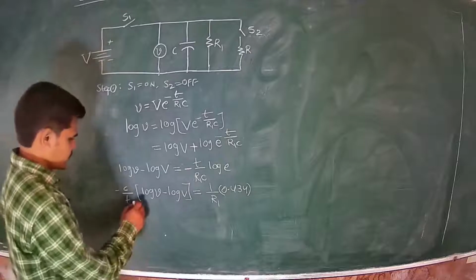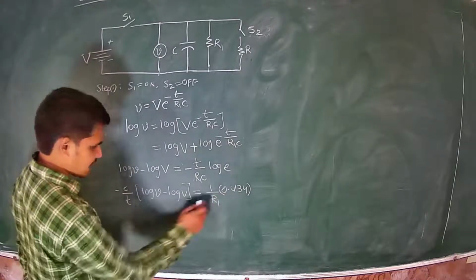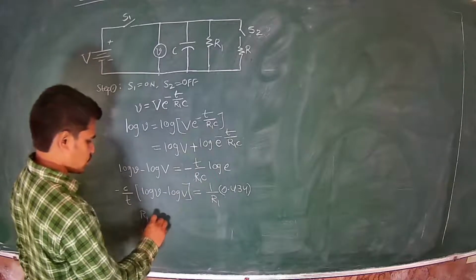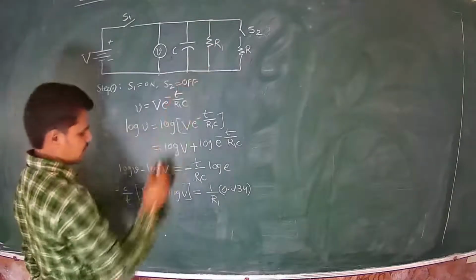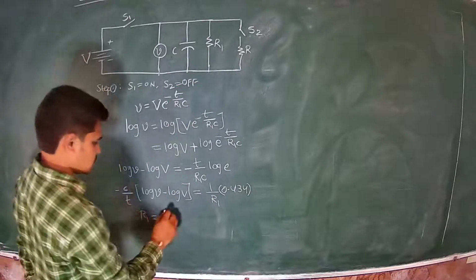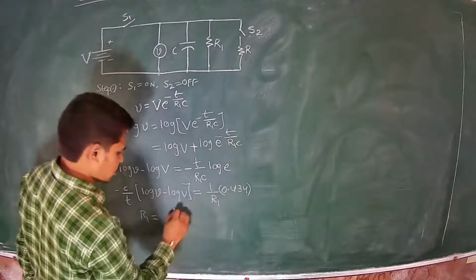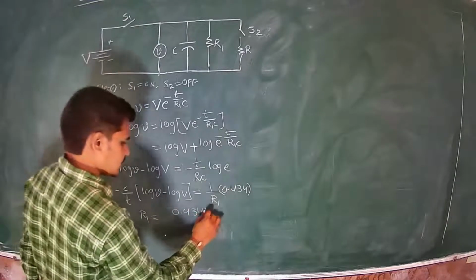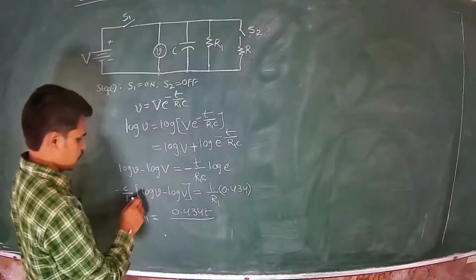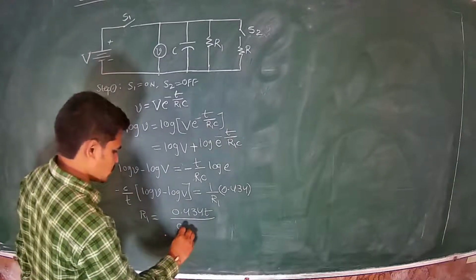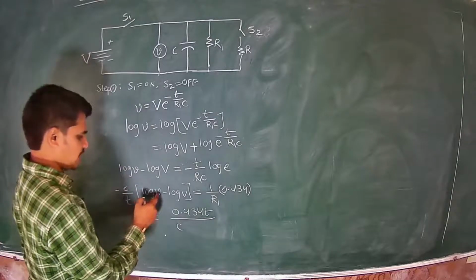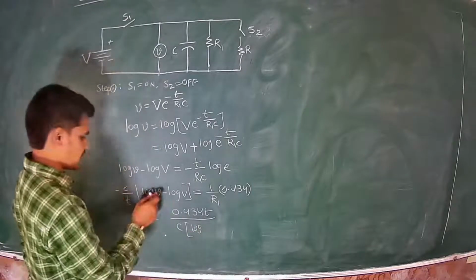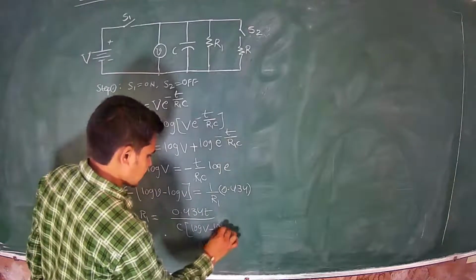Therefore, now this R1, I am writing R1, so do the cross multiplication. Therefore R1 equals, because I am finding the value of R1 here, 0.434 into t by C into log V. So multiplying this into this bracket, log capital V minus log small v.